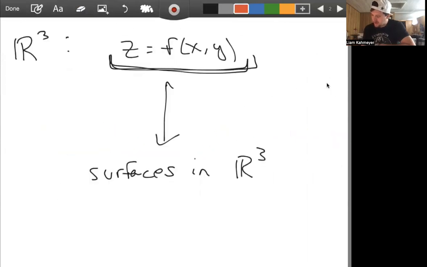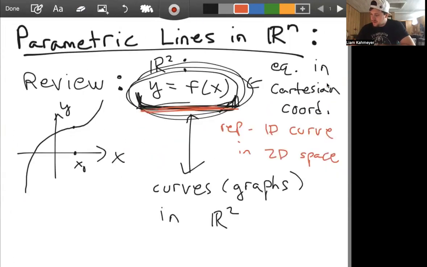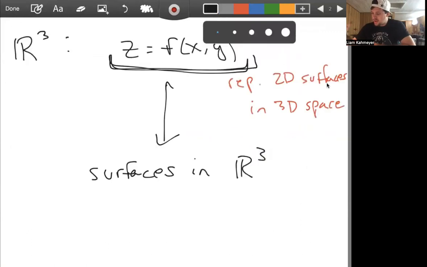Here we have a two-dimensional object; we don't call them curves, we call them surfaces, in three-dimensional space.